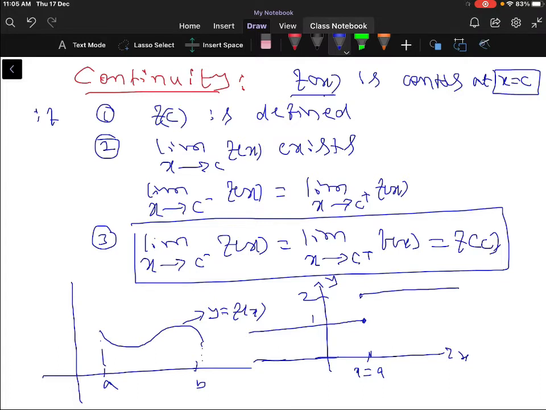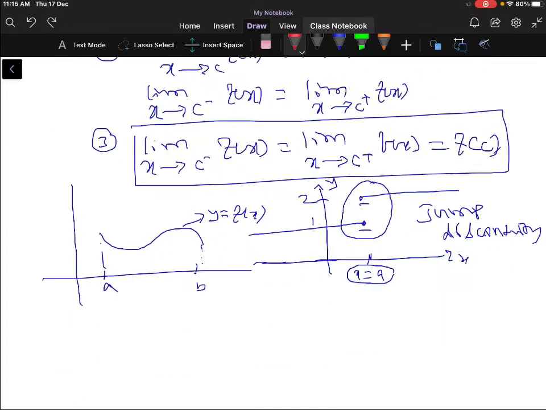Here you can observe that when x equals a, there is a jump from the function value 1 to 2. So these 2 points are not connected. Therefore, this function is discontinuous at x equal to a. This type of discontinuity is called jump discontinuity.